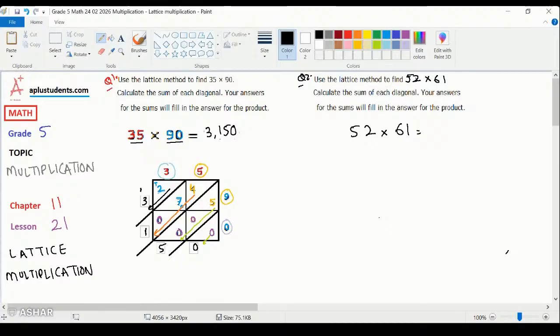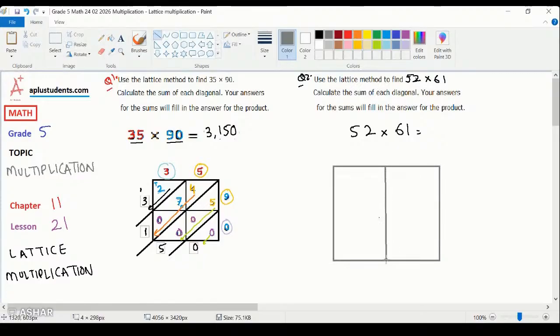The first thing first, when we are doing the lattice method, how many numbers are there in total? There are two numbers and there are 4 digits, right? Both the numbers are 2-digit numbers. So we make a box and break it down into 4 values. If the first number was 52, we can write 5 and 2.